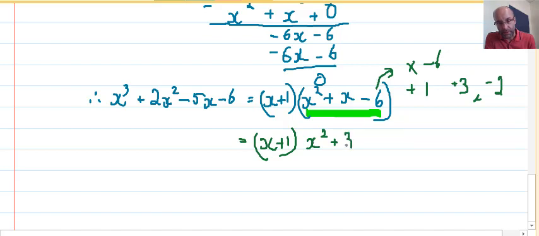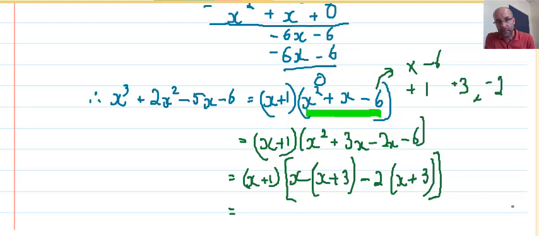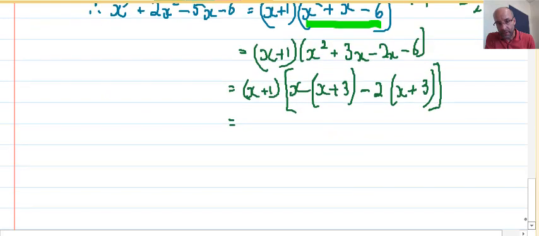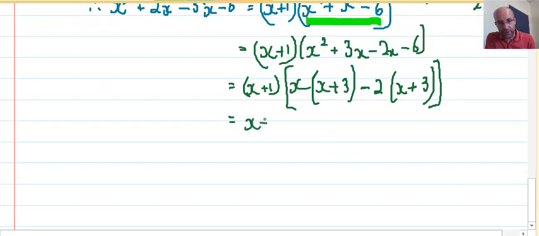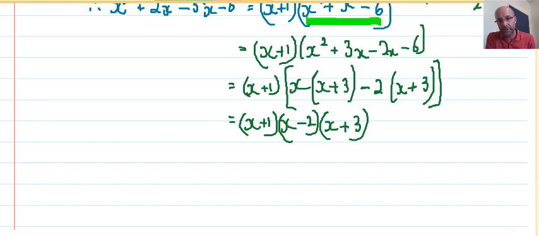So we break it down into +3x, take 2x, -6, and then we factorize here. So x plus 1, and then x minus 2 is a factor, and x plus 3 is a factor. Okay, and then we have our three factors.